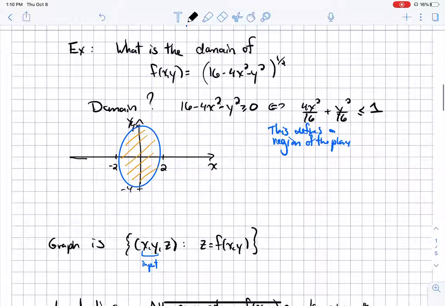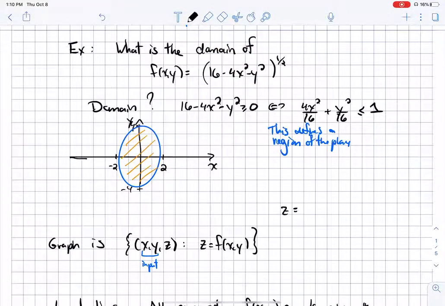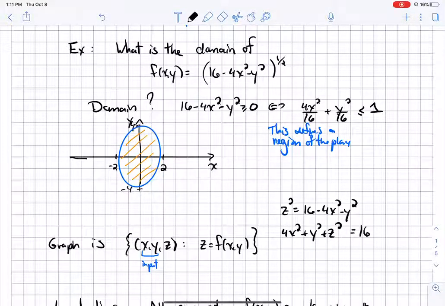So if you look at what it is, okay, so z is equal to the square root of 16 minus 4x squared minus y squared, and if I want to remove the square root, I can square the z, and so what I'm going to get is actually an ellipsoid. So that's an ellipsoid.